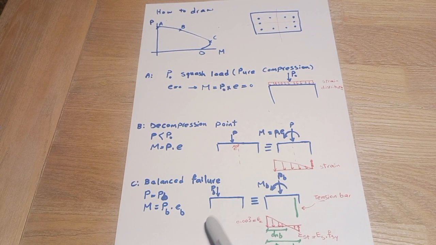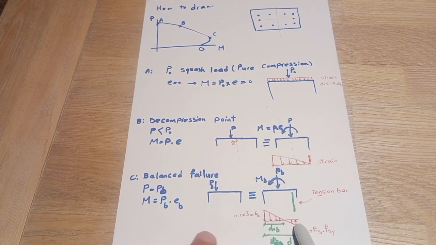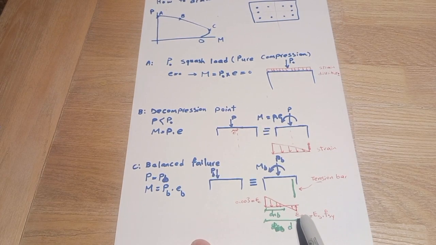Part C, or point C, is the balanced failure point. It means that one side is in compression and the other side is in tension, but tension reinforcement failure and compression concrete failure happen at the same time.